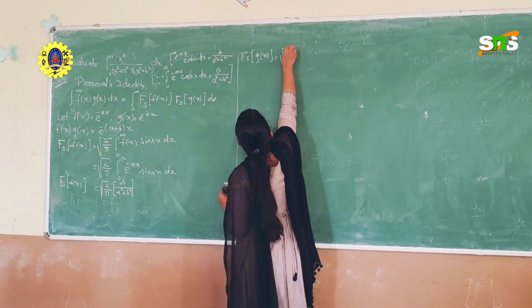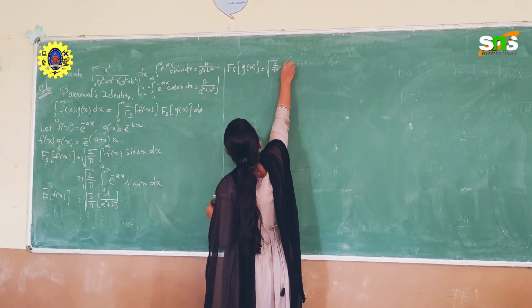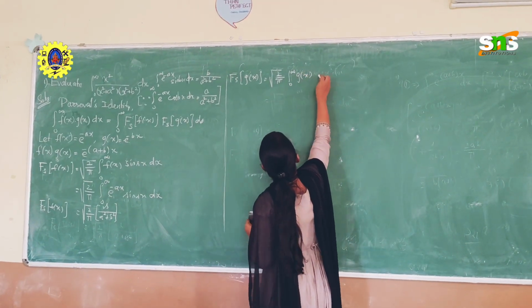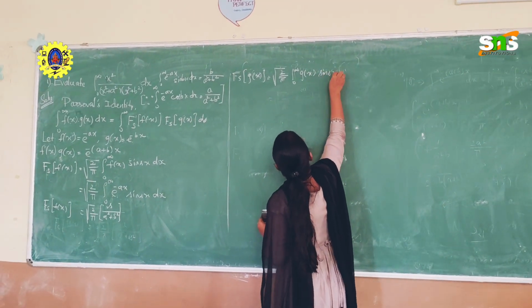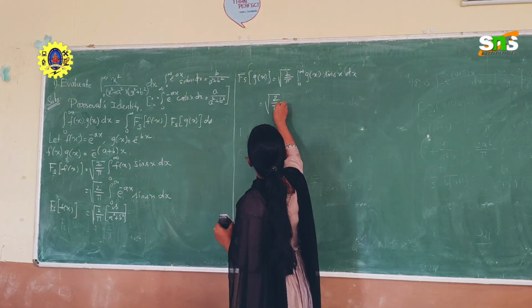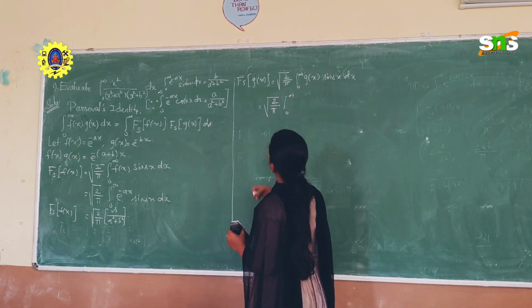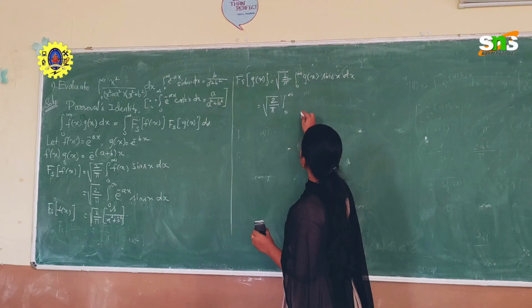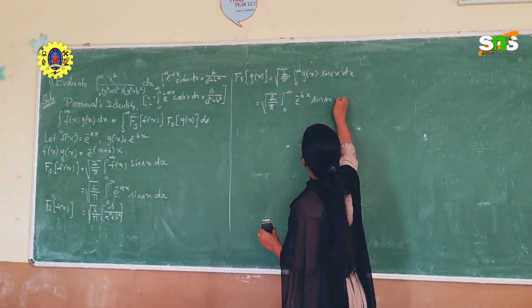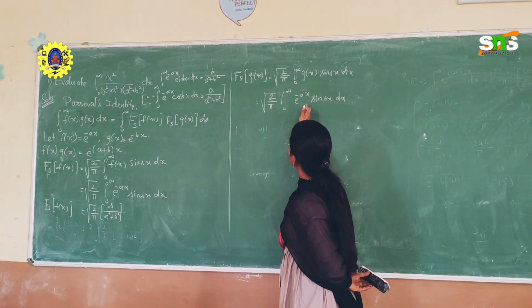So now we have to find Fourier sine transform of g of x. For that, the formula will be square root of 2 divided by pi integral 0 to infinity g of x into sine sx dx, which is equal to square root of 2 divided by pi integral 0 to infinity g of x value will be e power minus bx sine sx dx. Now you can compare this and this.